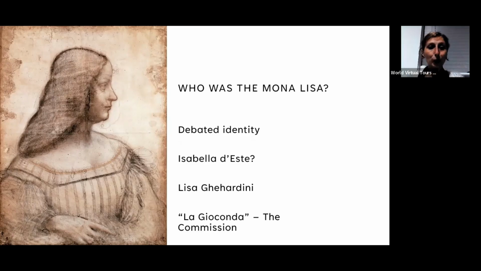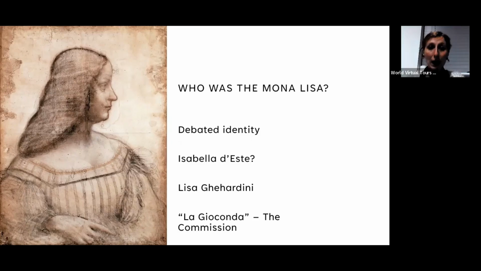Well, the University of Heidelberg in Germany has actually done a lot of analysis on the identity of this woman. So we are pretty confident that she's in fact Lisa La Gioconda rather than Isabella d'Este, but new research is constantly coming through and it's not something we can just brush off.